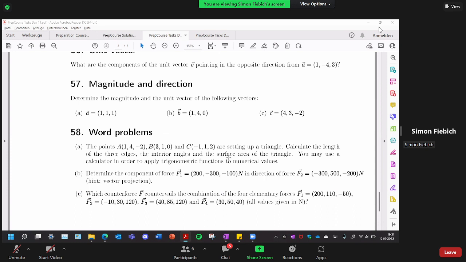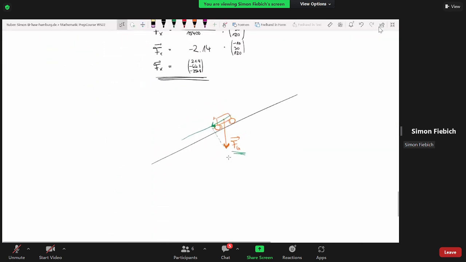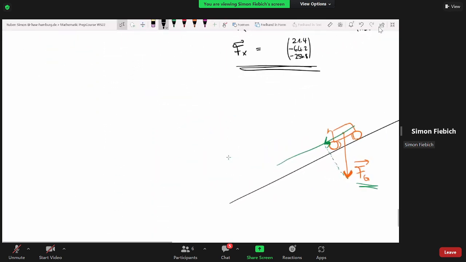58A might have been another interesting task, but K deals with a triangle, and one interesting thing you might need to know is that there is a certain formula for determining the surface area of a triangle. If these vectors make up a triangle, it only needs two vectors to specify it.